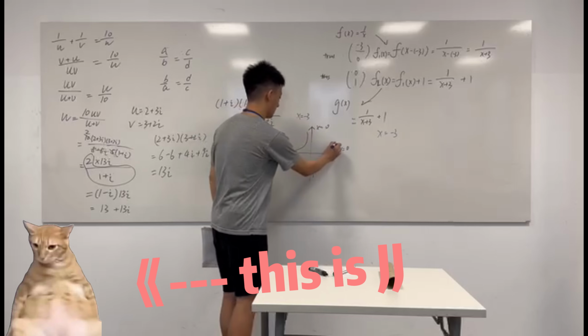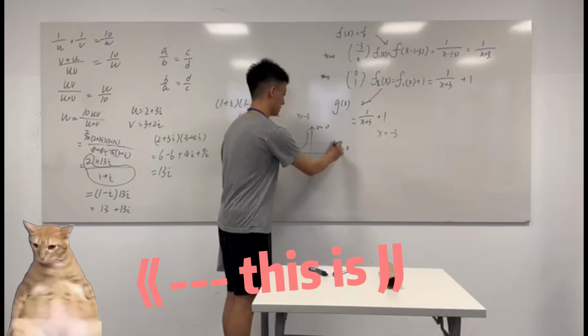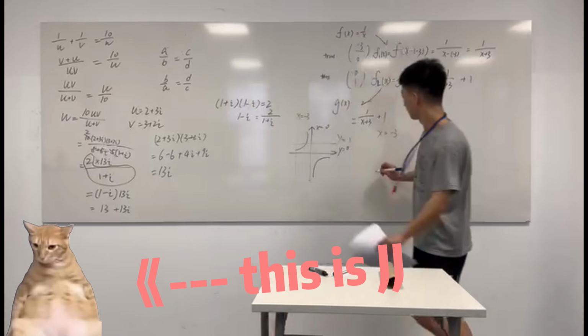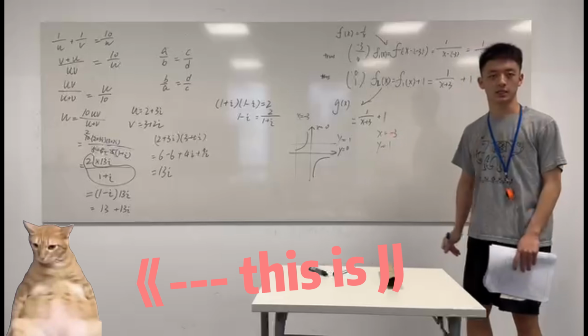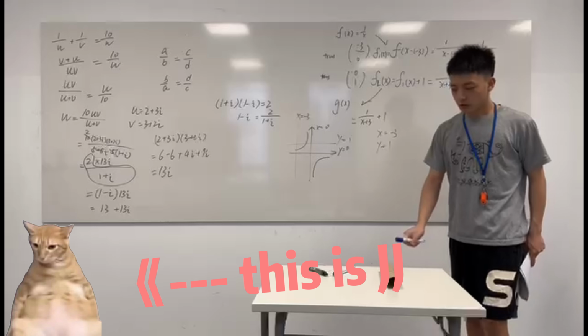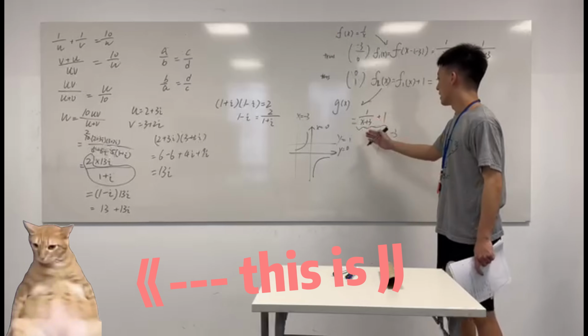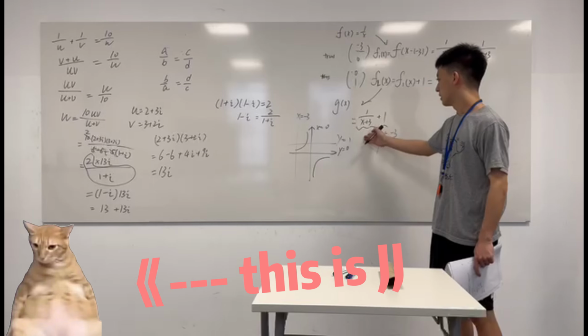So the horizontal asymptote is y equal to 1. So that's it. But also you can just observe this thing. The answer is already there.